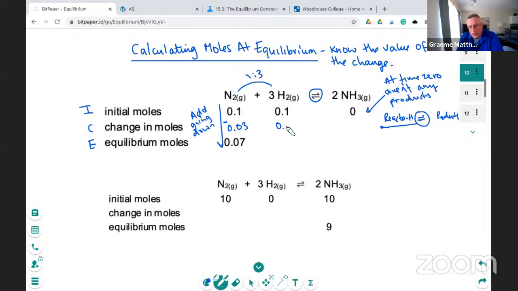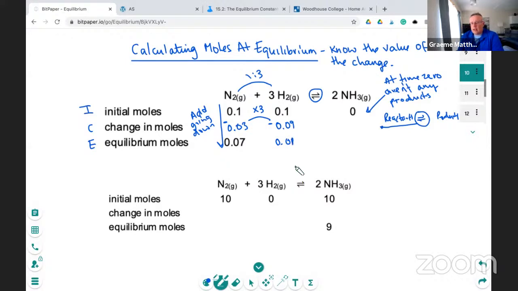So you get 0.09. And so 0.03 times 3 is 0.09, the change. And so you add going down, and obviously this is negative. And so you had 0.1 minus 0.09, and I'm ending up with 0.01 like this.